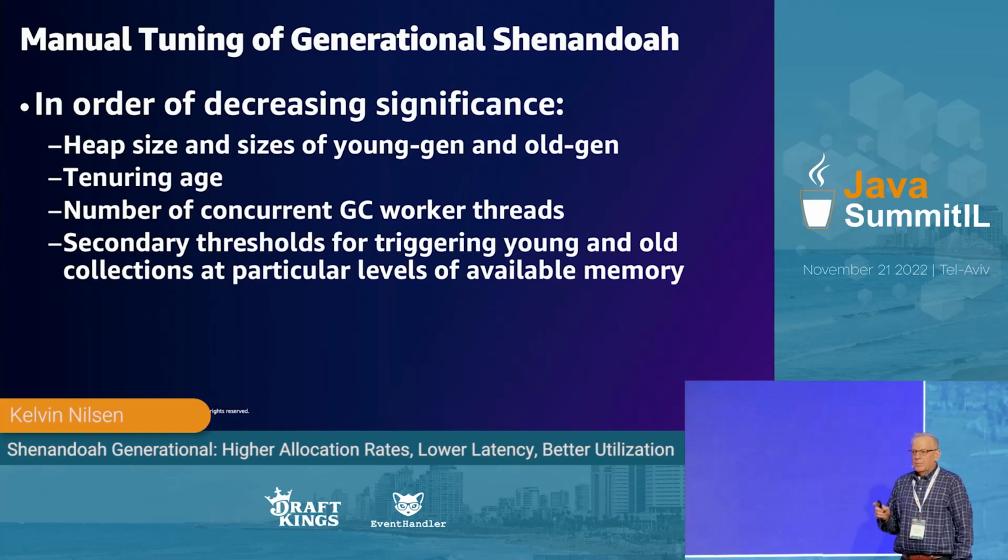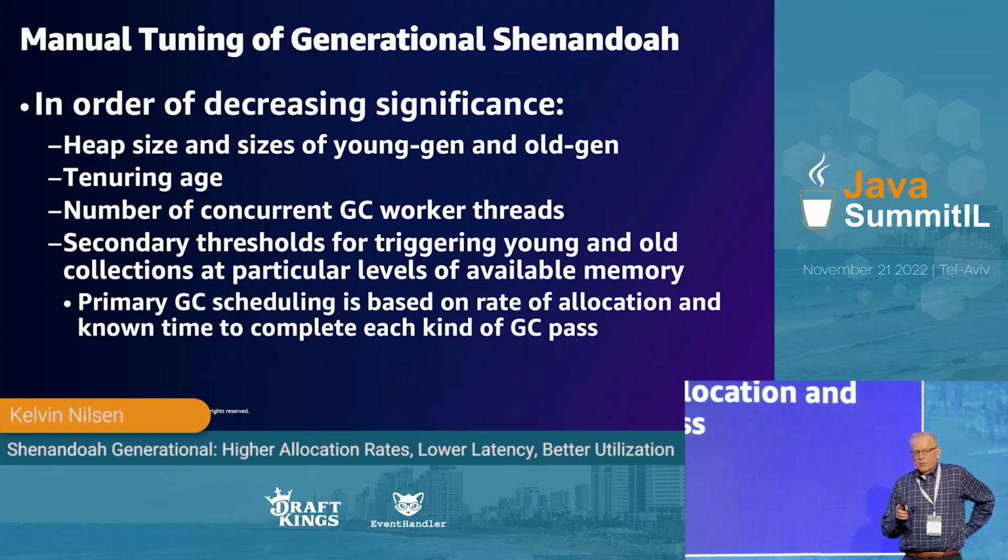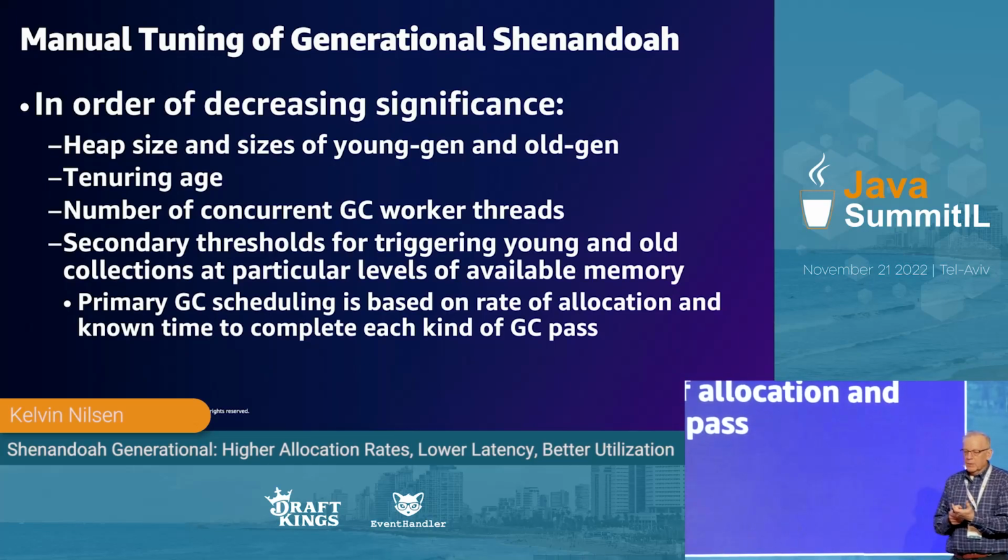You can specify a threshold that says, if old gen gets to be 90% utilized, trigger an old gen collection. Those have default values, and that's a secondary threshold because our preference is that we schedule based on our prediction of your service's allocation rate. We can measure that, we observe that, and we know how long it takes in wall clock time to complete the garbage collection.